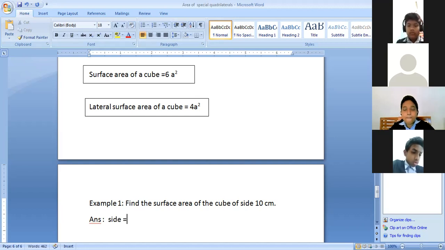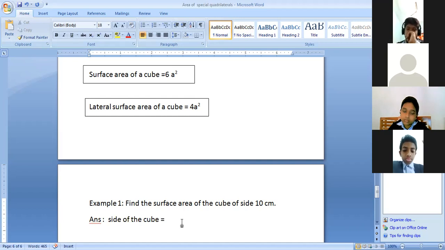Side is equal to? What is the side of the cube? Say it.